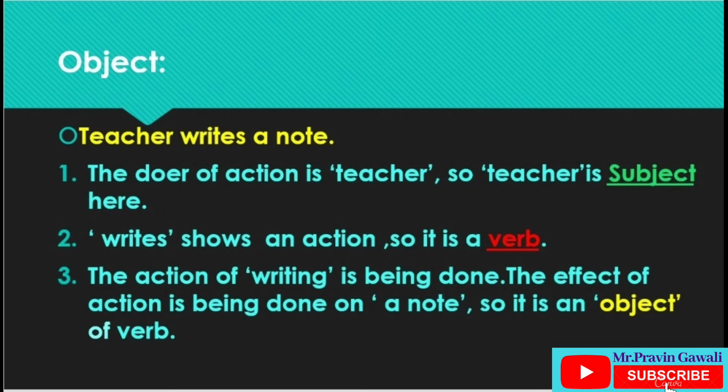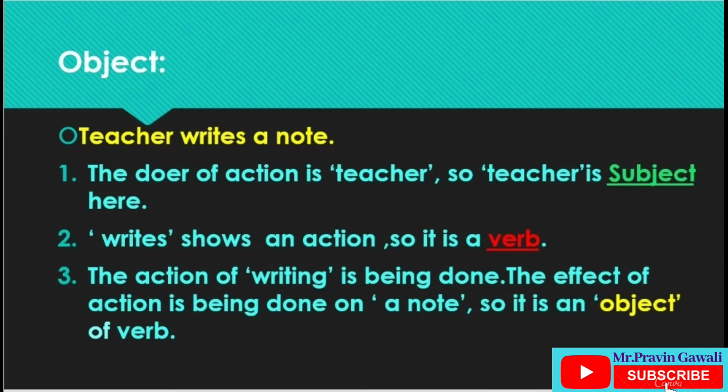What kind of action is he doing? He is doing the action of writing. Then the doer of action is called a subject, and the word write shows an action, so it is a verb.